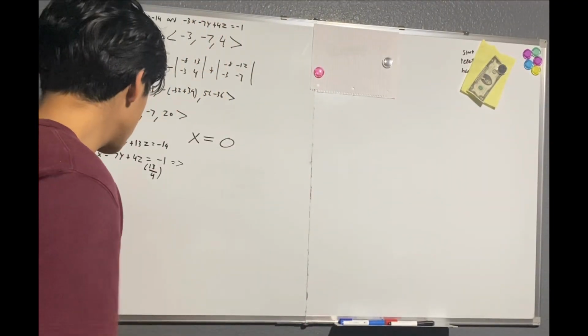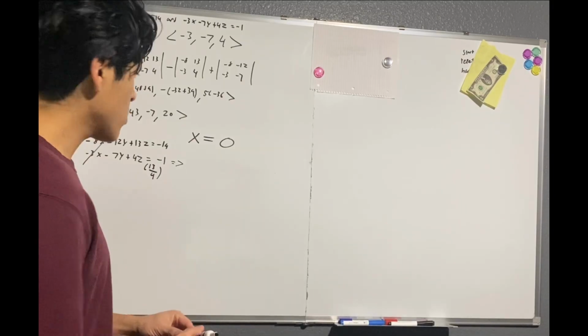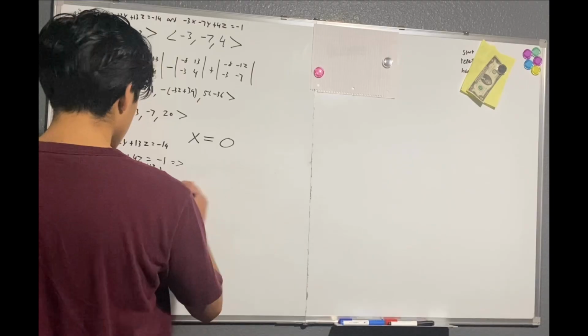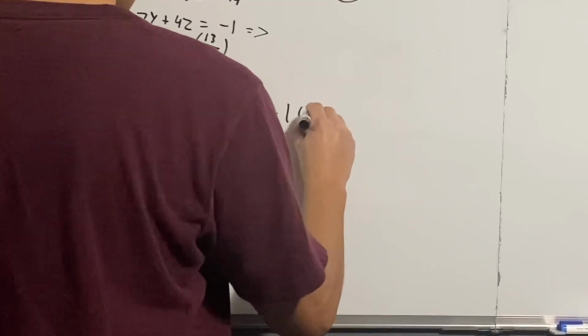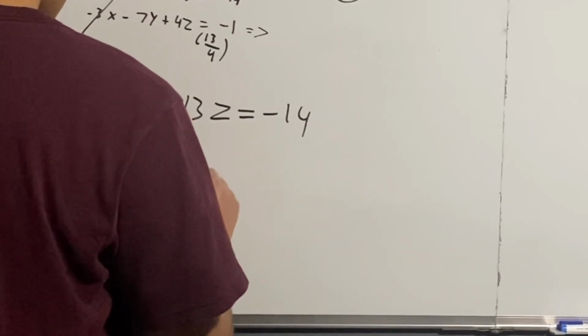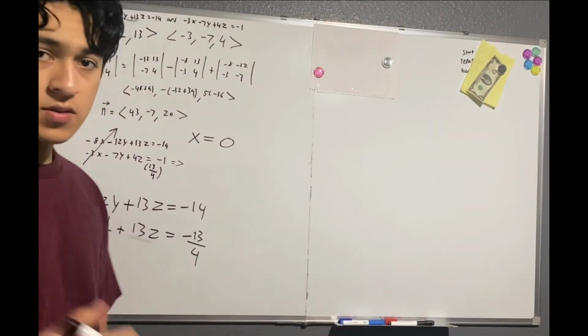All right, so what we're going to do here is multiply the bottom by 13 over 4 so we can cancel out our z's in this situation. So this is what it's going to look like. All right, so this is what we get now.